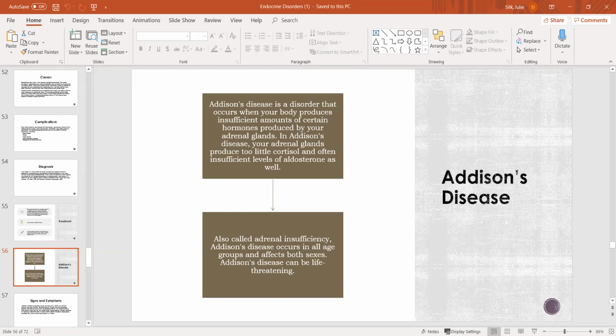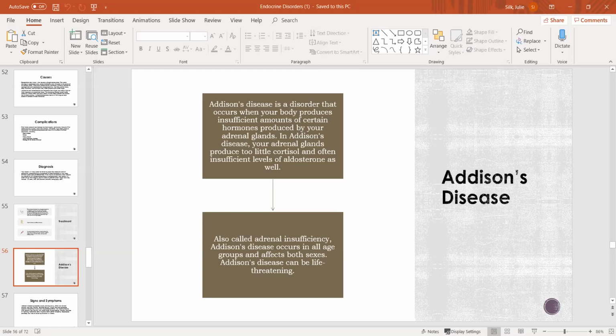When we talk about glucocorticoids, this is your cortisol. Cortisol affects glucose, protein, and fat metabolism, the body's response to stress, and the body's immune function. So again, cortisol is a glucocorticoid.